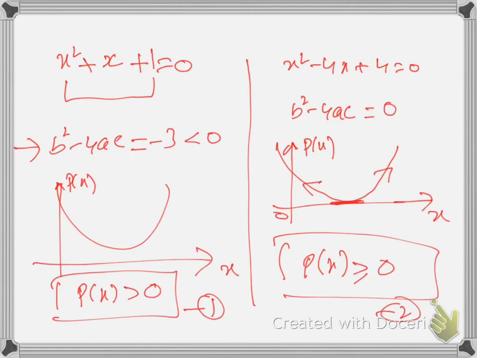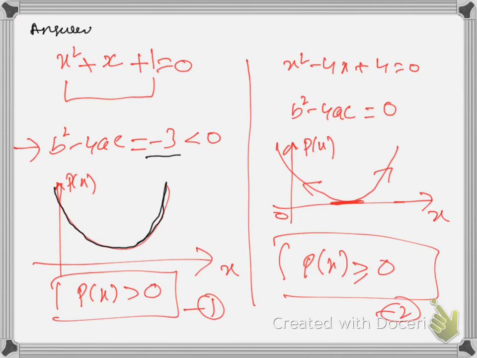You need to consider both the quadratic factors separately, and then you have to find their discriminants. The discriminant of the first quadratic factor is -3, which is less than 0. Negative discriminant means the curve is above the x-axis.